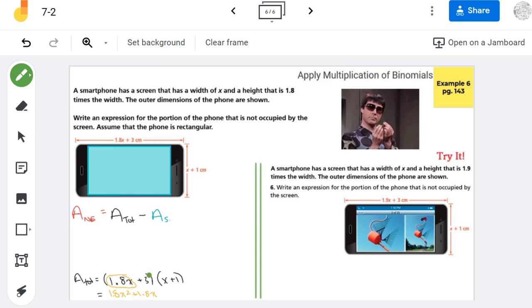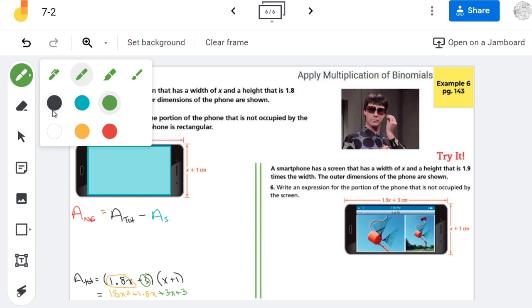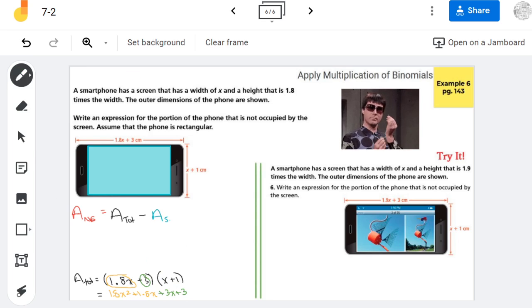And then I'm going to do that same thing now with the 3. I'm just going to write this all together because I didn't leave myself much room. So 3 times x is 3x, and 3 times 1 is 3. And then I have to collect those like terms.